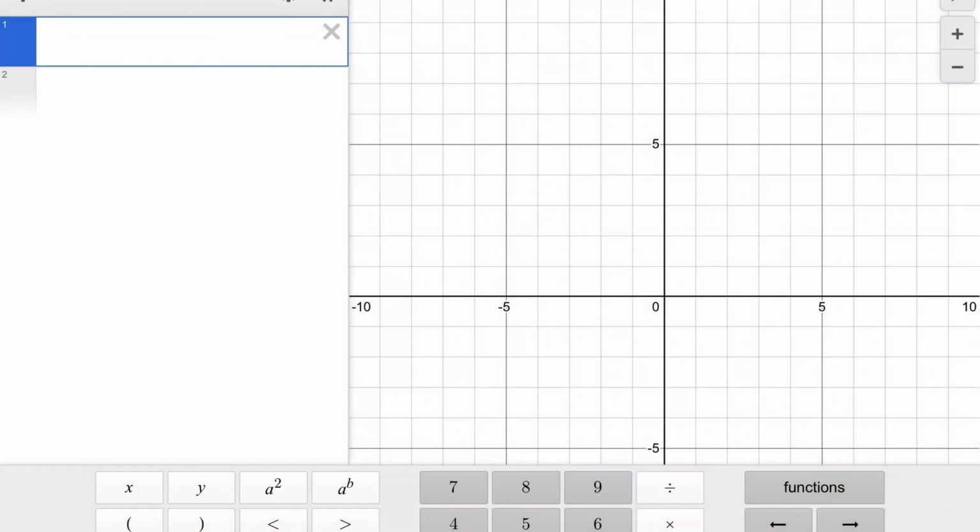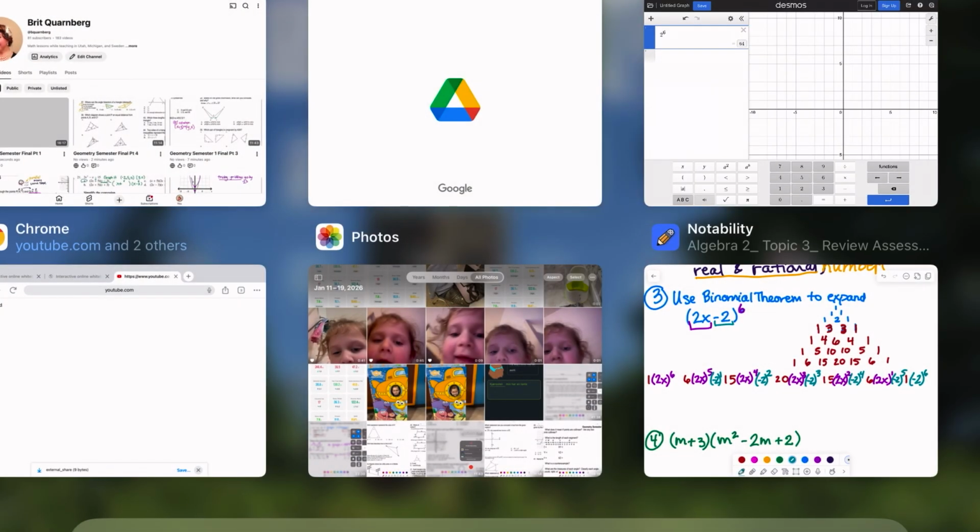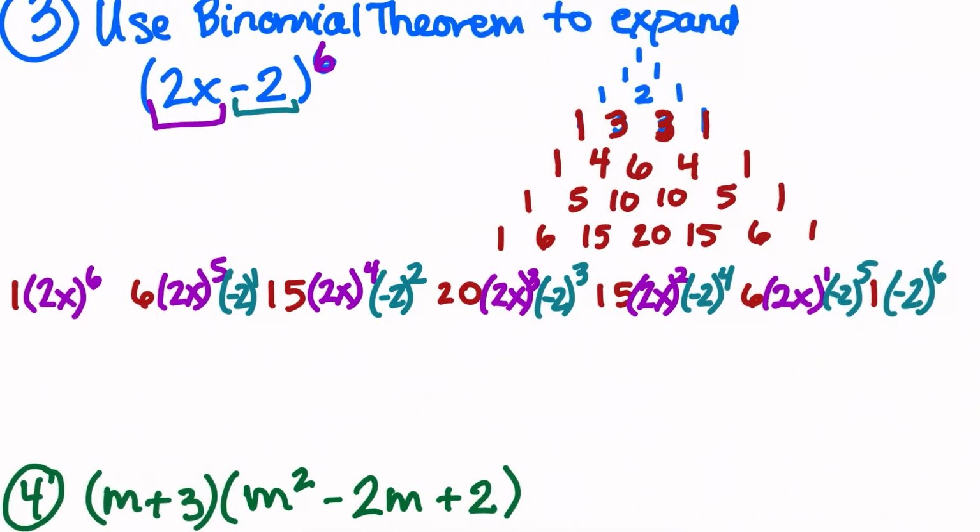Okay. So 2 to the 6th is 64. So we have 64x to the 6th. And then now what I'm going to put in the calculator is 6 times 2 to the 5th times negative 2 to the 1st.